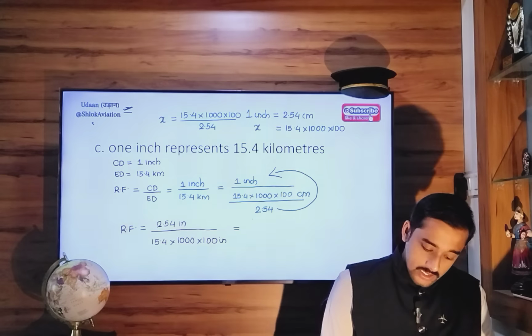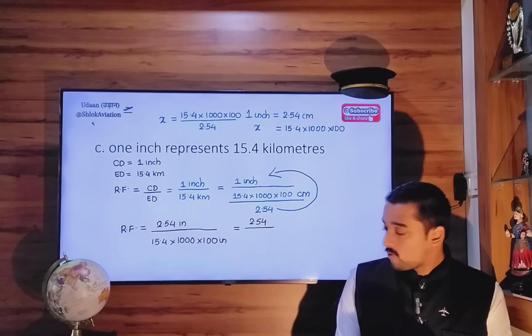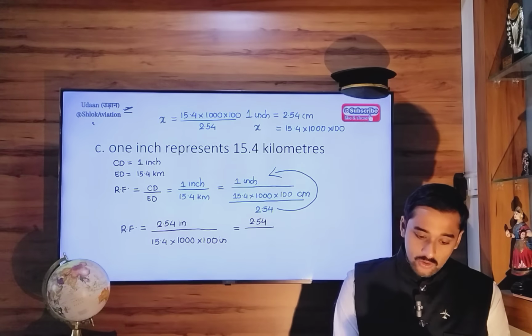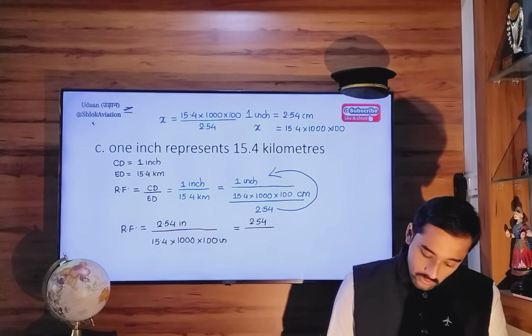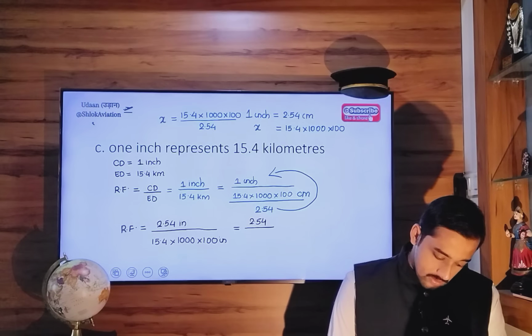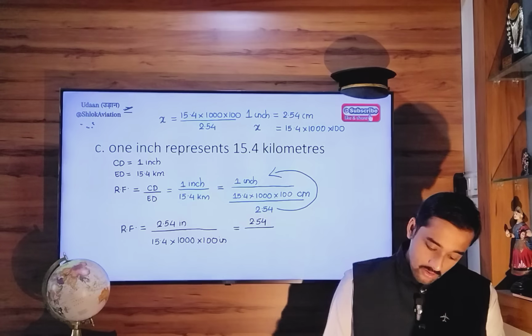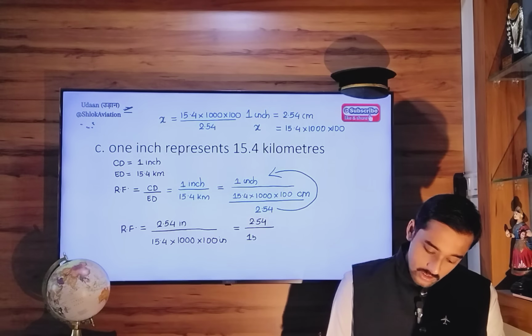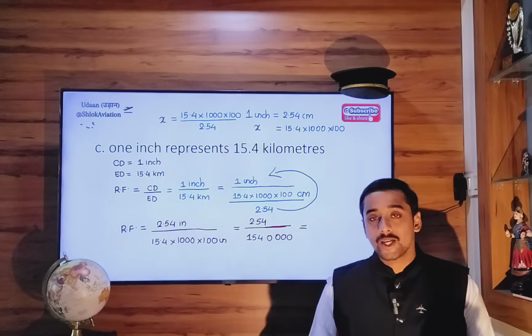Now that is equal to 2.54 divided by 15.4 into 1000 into 100, which is 1,540 and 3 zeros.